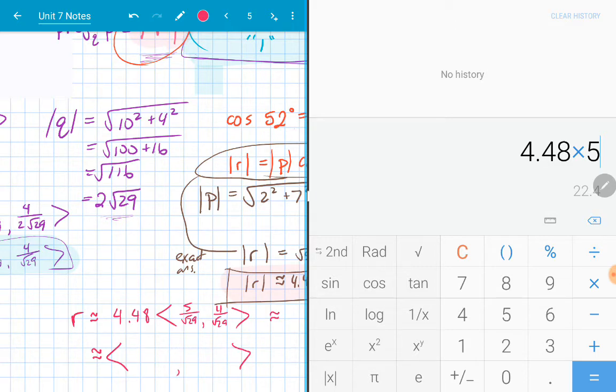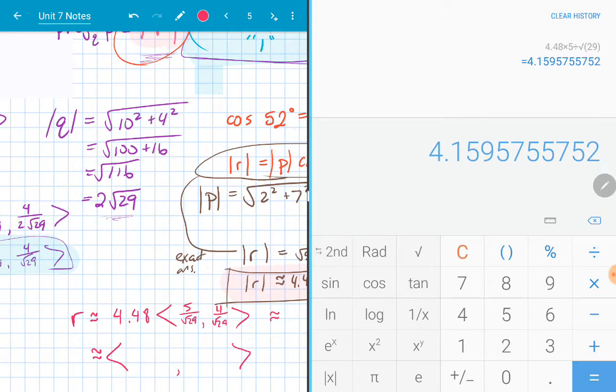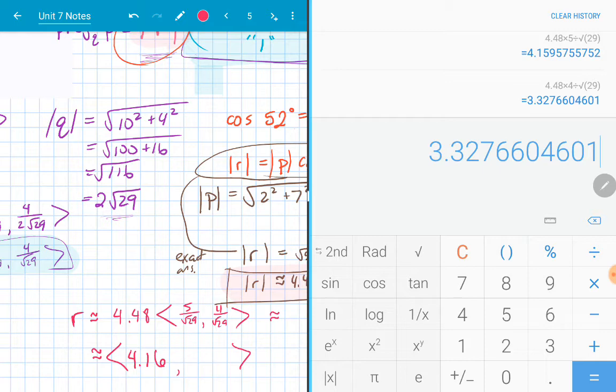For the horizontal component, 4.48 times 5 divided by the square root of 29, I get 4.16. For the vertical component, I have 4.48 times 4 divided by the square root of 29. Earlier, I was hesitant whether to find that 4.48 or leave it in exact form, because I could have put that in the calculator here instead.